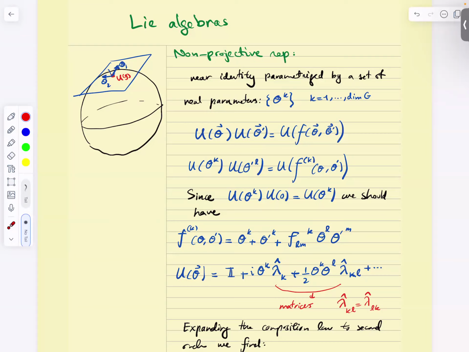Now take these tangent things, theta 1 to theta, schematically I write it as a set of theta k's. Keep in mind that we're talking about the action of this on some vector space. So these are matrices, these theta 1 to theta k's. Well, sorry, no, I think my notation is a little bit different. These guys are elements.